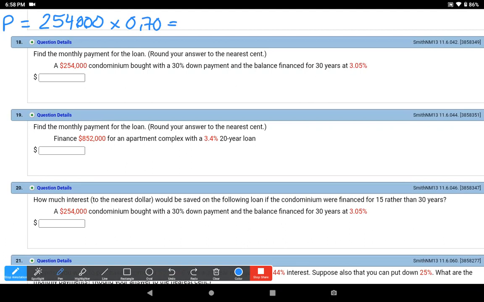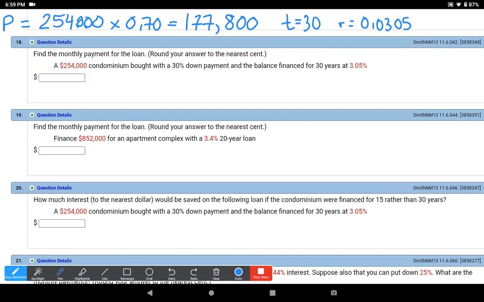So 254,000 with the remaining 70% that isn't a down payment means that these folks are going to finance $177,800. They're going to finance that for 30 years at a rate of 3.05%.